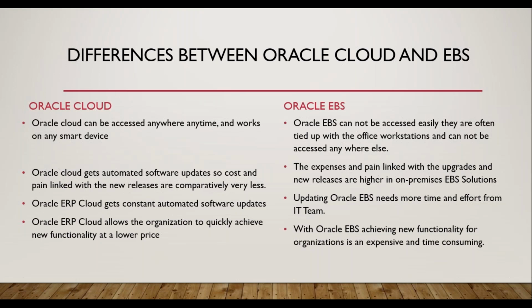Whereas Oracle EBS is an in-house application, which means it is built in our client environment. So the patch has to reach the customer, and they need to install it and bring the system down. This activity is linked with higher expenses.